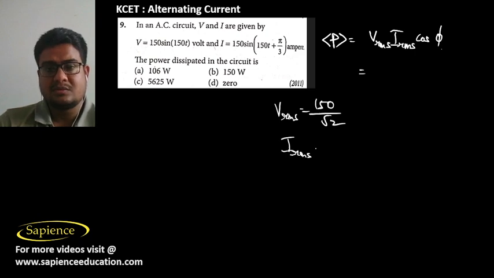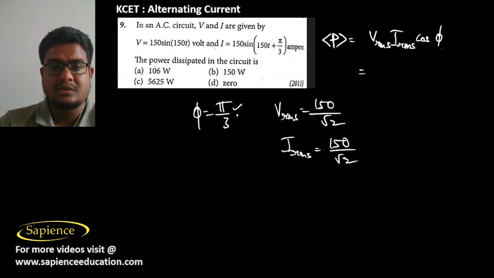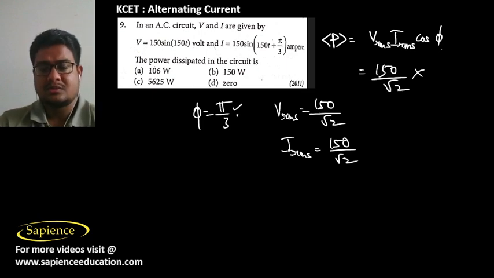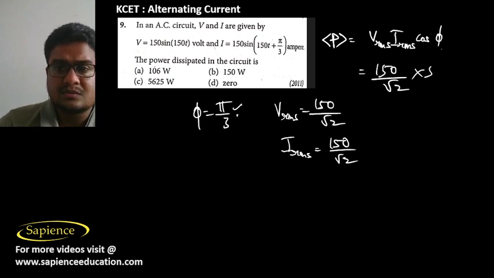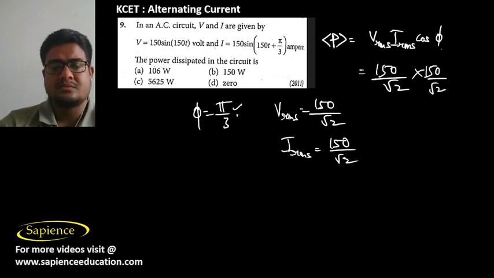IRMS also will be equal to 150 by root 2, and phi is equal to pi by 3, since it is the angle by which the current function is leading the voltage function by a phase angle of pi by 3. So it will be 150 by root 2 into 150 by root 2 into cos pi by 3.